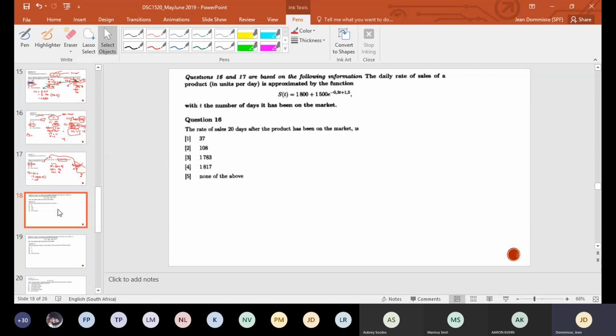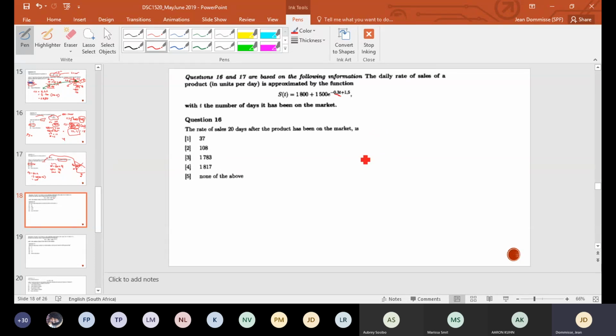Question 16 and 17. So the daily rate of sales of a product in units per day is approximated by that function, with T the number of days it has been on the market. Okay, so they need to tell us if we need to work out what the T is, or we will otherwise need to do integration or something else.